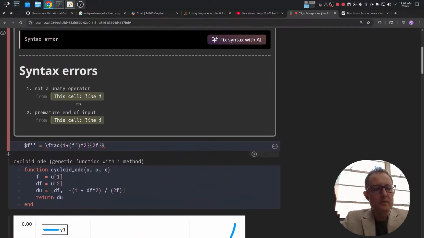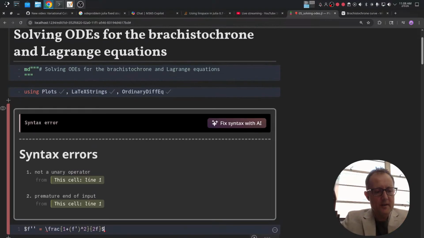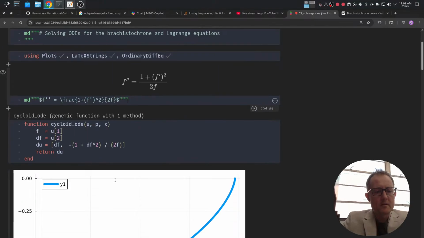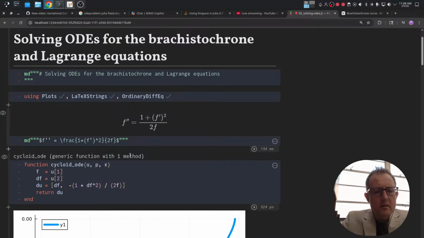It would help if I put that inside the markdown cells, 1, 2, 3, and then 1, 2, 3. Okay.